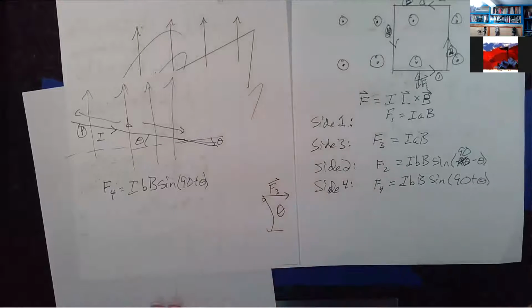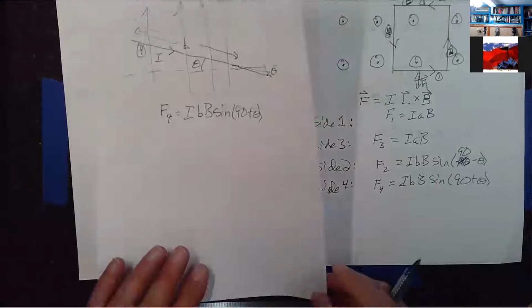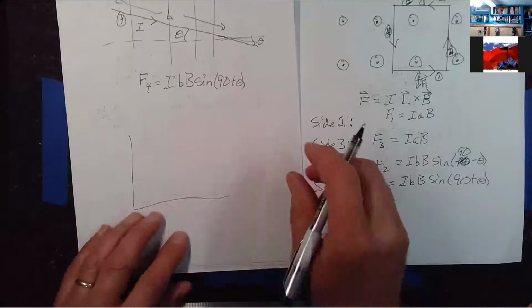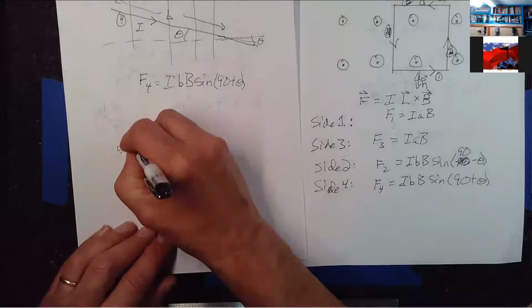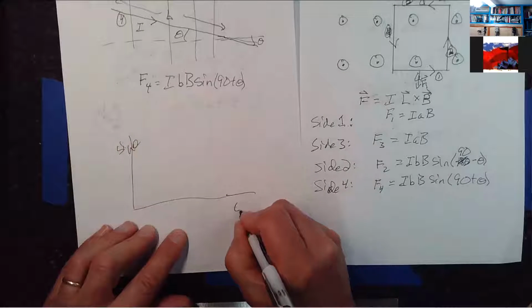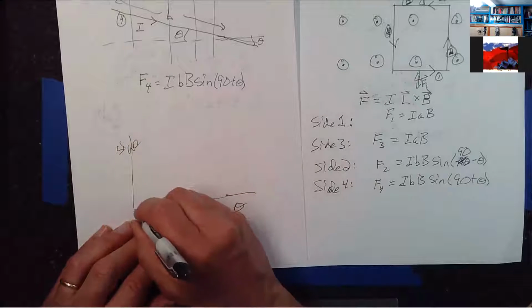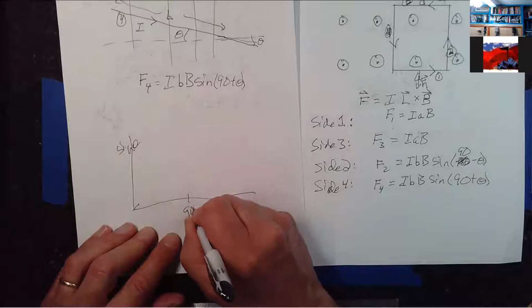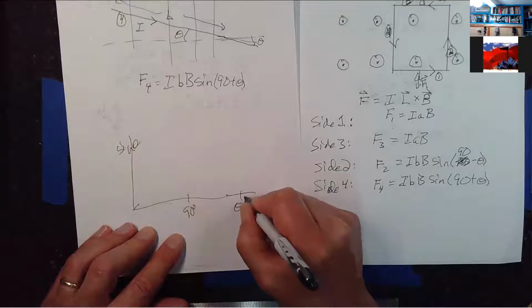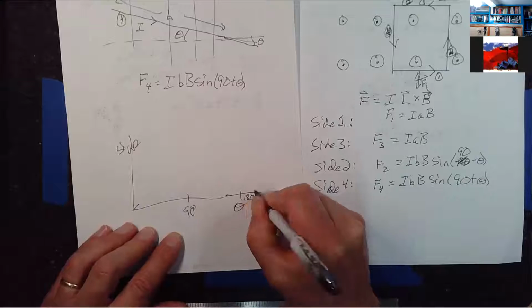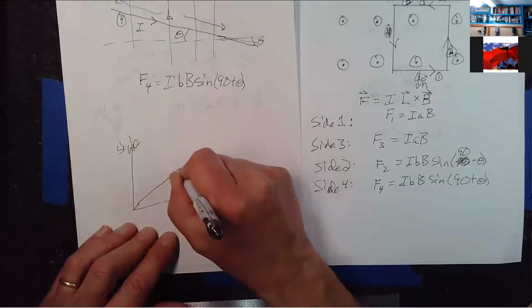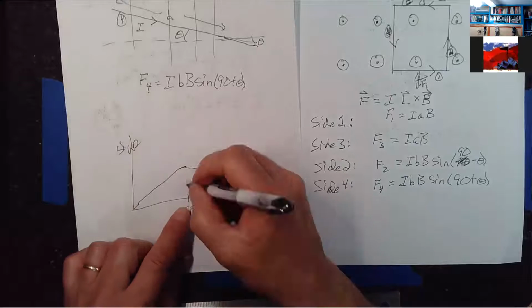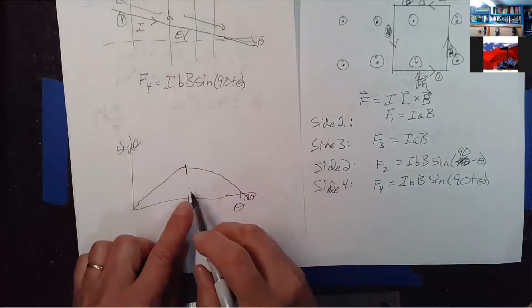Okay, well, if you imagine a graph of a sine curve, so you've got sine theta on the vertical axis and theta on the horizontal. Starts off at 0, at 90 degrees it reaches a peak, and then you'd be over here at 180 degrees, and it's symmetric either side.